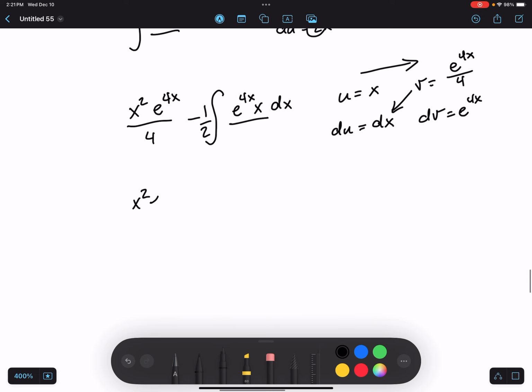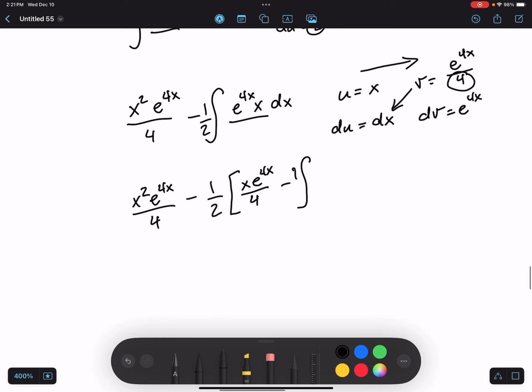We'll say x²e⁴ˣ over 4 minus 1/2 times now x e⁴ˣ over 4 minus, again, the integral of, this time we just have a 4 here, so we just have 1/4 e⁴ˣ dx.